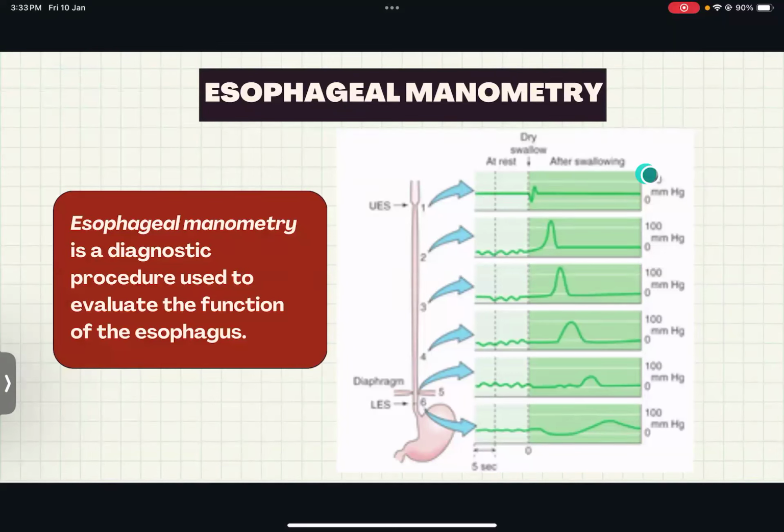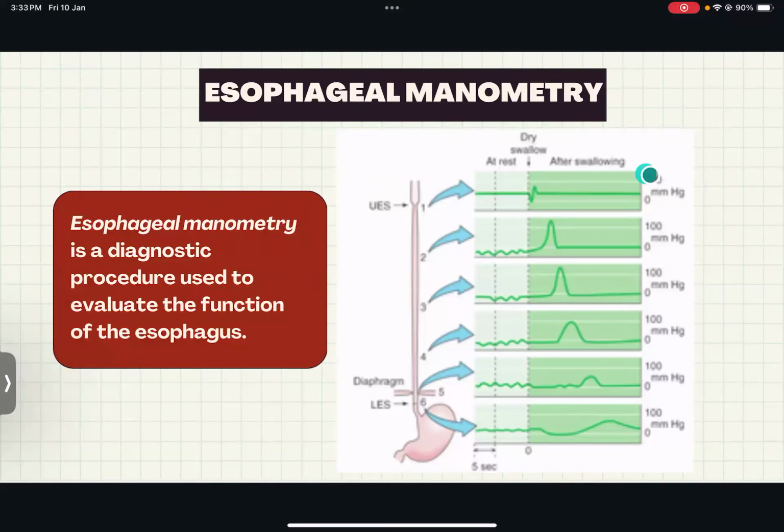And I just wanted to let you know that the manometry graphs can be asked upon. They might give you the graph along with a question on manometry. Because when we learn about the clinical correlations, we'll discuss what will happen to the manometry if things were to go wrong.